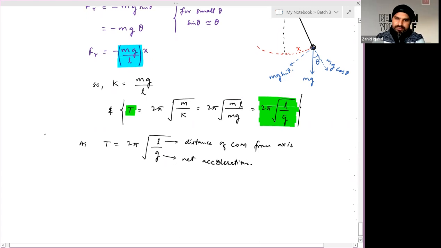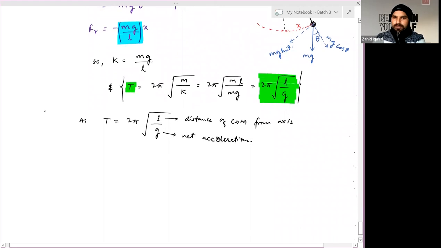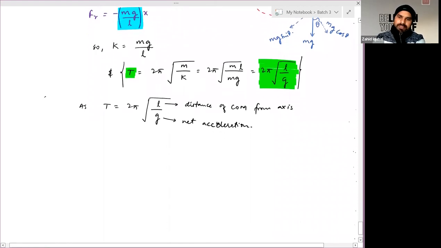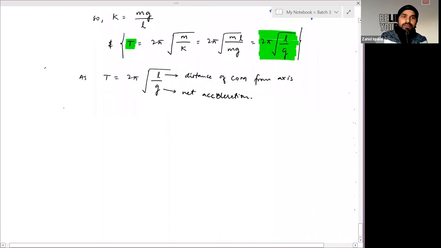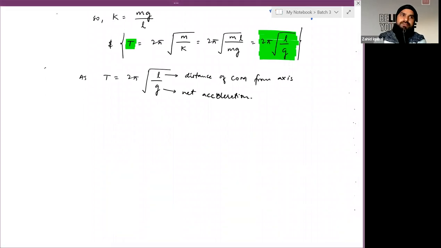The first question will be: what will be the time period of a simple pendulum if it is placed at the center of Earth? First, what will be the acceleration of gravity at the center of Earth?